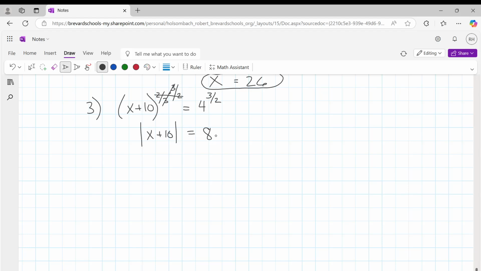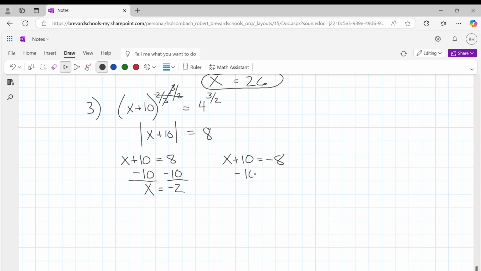So now you've got an absolute value equation to solve. So we're going to take x plus 10 and make it equal to 8, and x plus 10 equal to -8. Subtract 10 from each side. We get an x that's equal to -2.